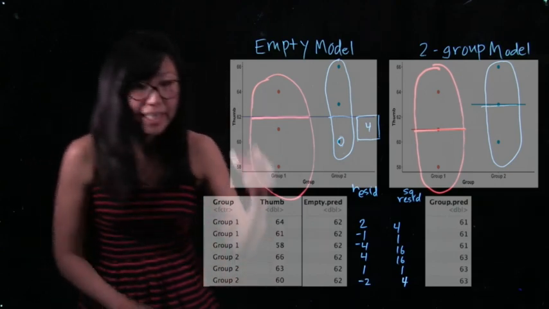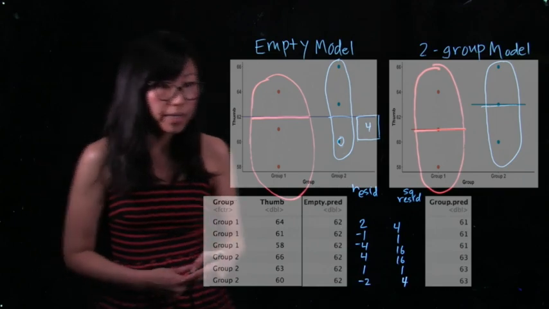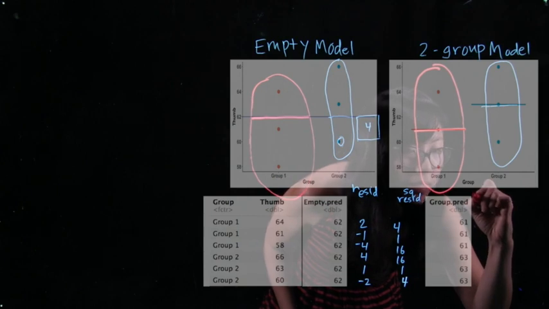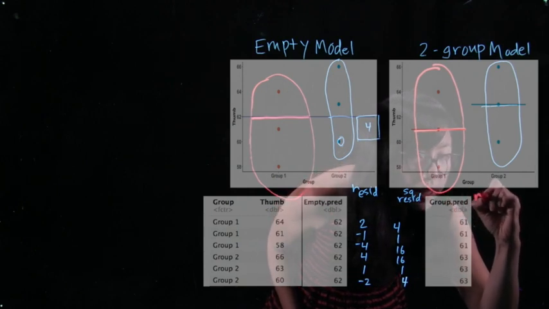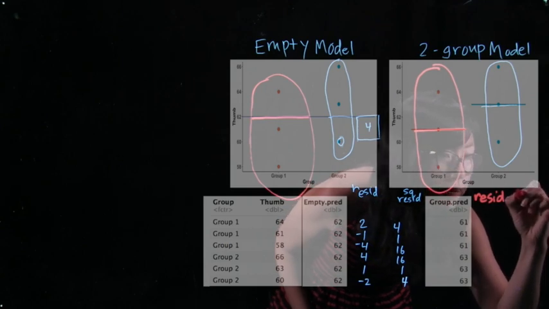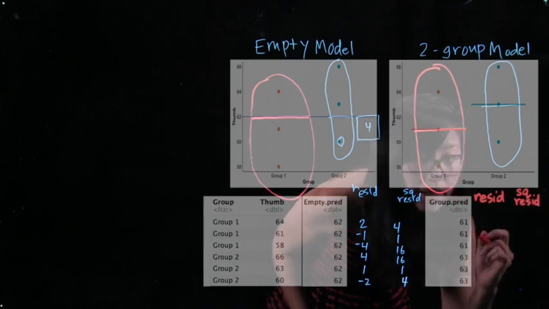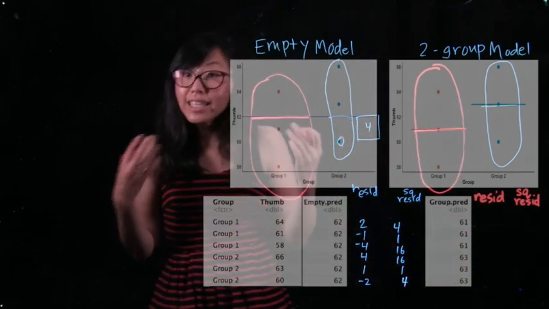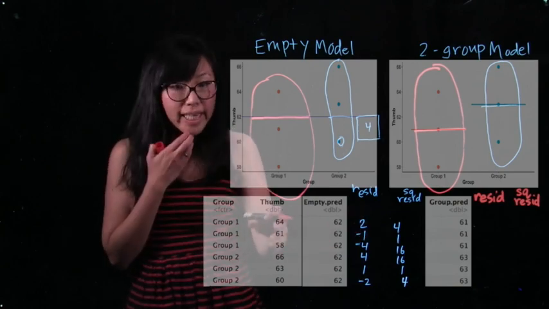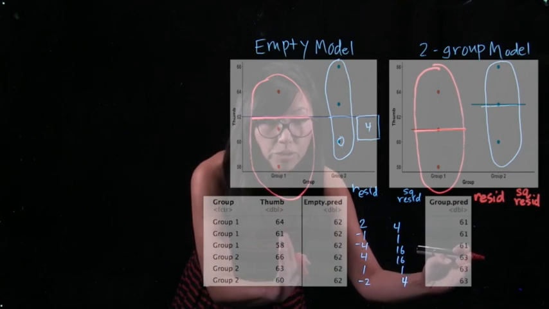Now I'm going to put the squared residuals from the 2-group model over here. Here's my residual, and here I'm also going to make some space for my squared residuals. To get the residuals, it's the same idea: data minus model. My data is thumb, and my model is now the group prediction.